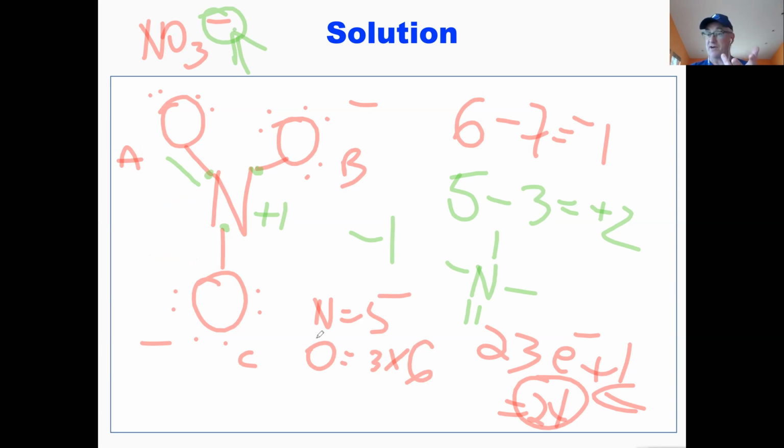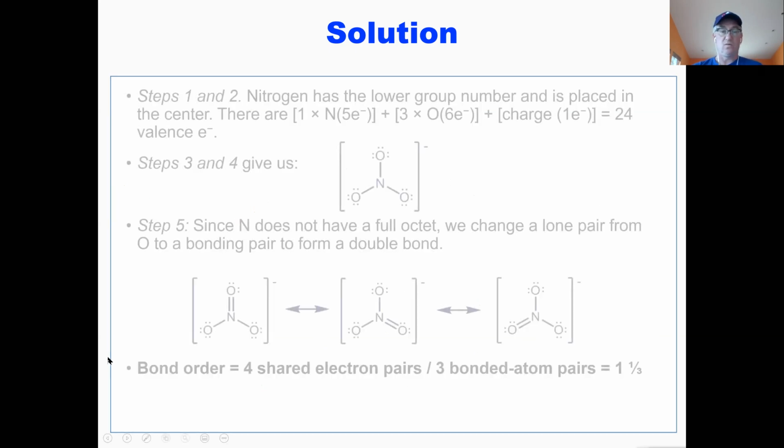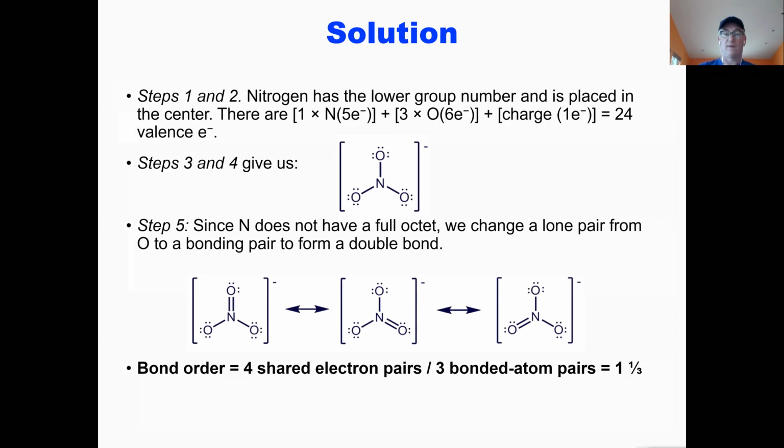Now, where the resonance structures come in is that the double bond can be on oxygen A, it can be on oxygen B, or it can be on oxygen C. Each one of them is equally likely. And so we get resonance structures that look like this. We've got the double bond pointing up, pointing left, pointing right.